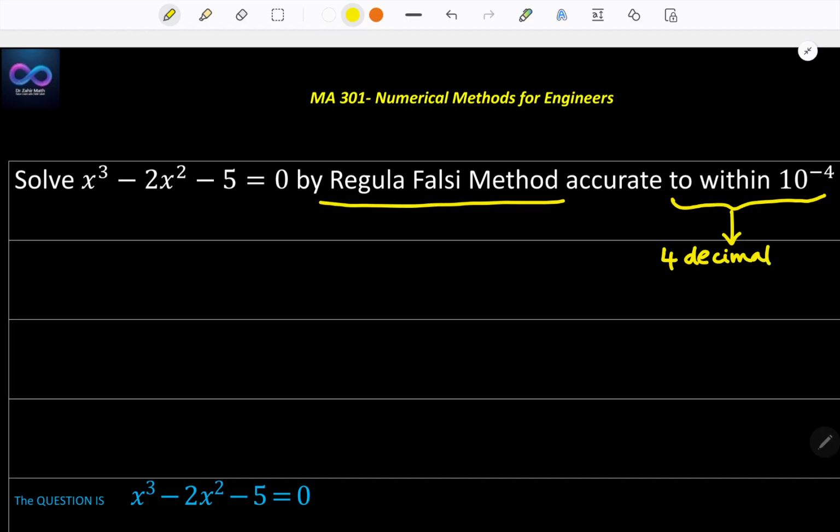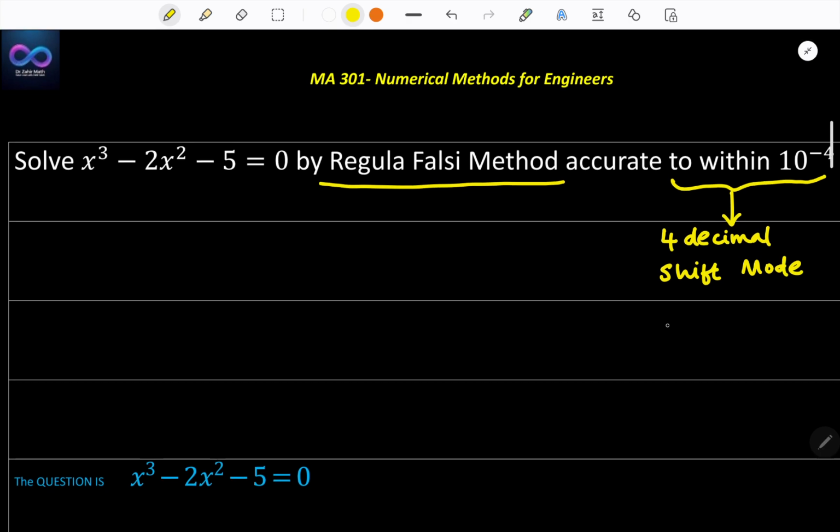Shift, mode, fix, which I think is number 6, and then you press number 4, then press equal. Then your answers will be in 4 decimals, right? So this is the first idea.